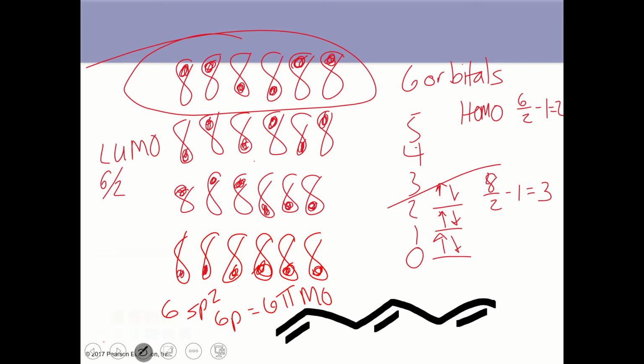So here's our one node. Then we move up again, and we should have 2 nodes. When you move up again, you should have 3 nodes. Then you should have 4, and then you should have 5. So there should be a total of 6 orbitals in the end.